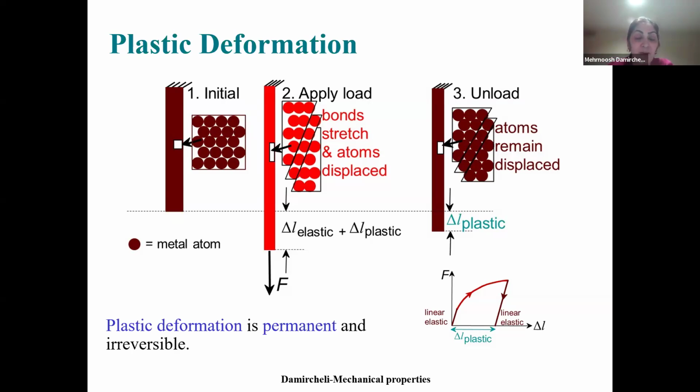You see the black lines. In stage 3, when we remove the force, the elastic deformation recovers, but some deformation permanently remains in the sample and is irreversible.